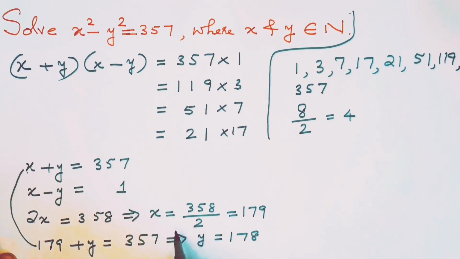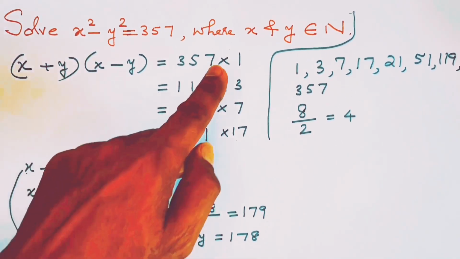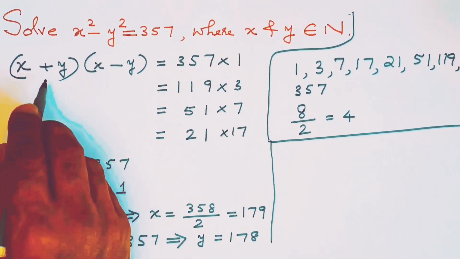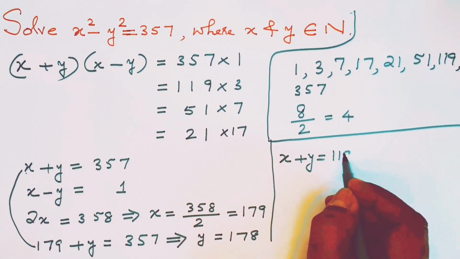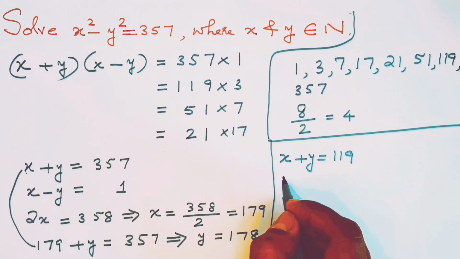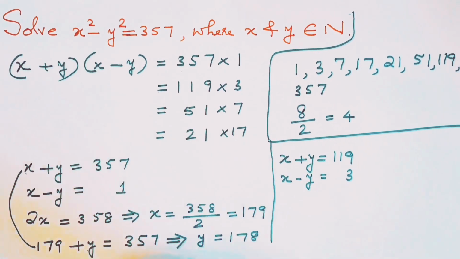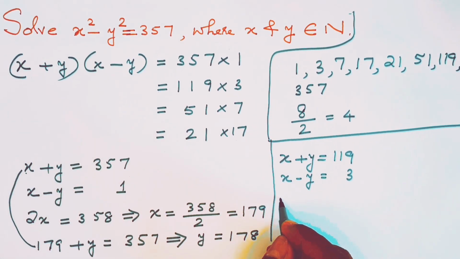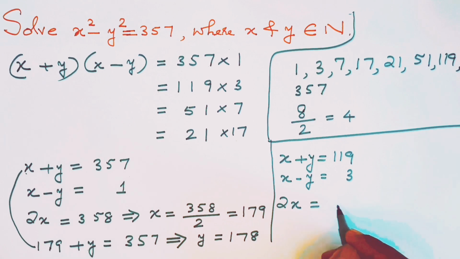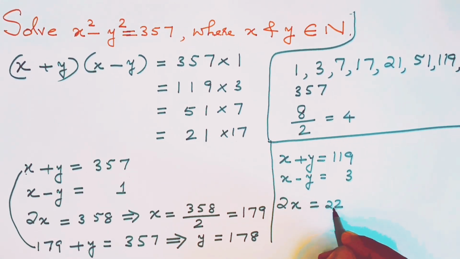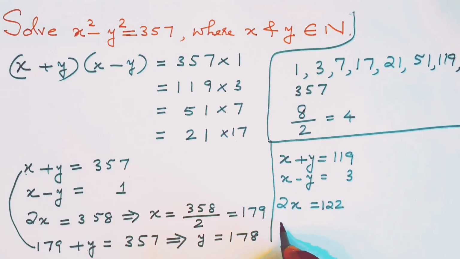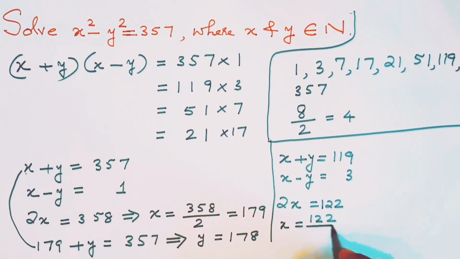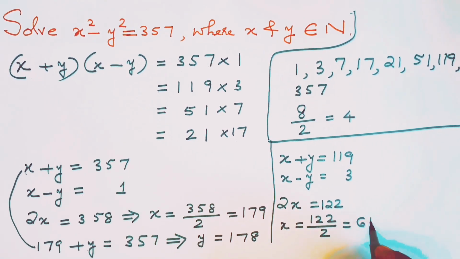So we have found out the y value also using the first splitting. Now let me use the second splitting. Equate x plus y to 119 and x minus y to 3. Again, like we did before, add the two equations. You have 2x equal to 122. So x is equal to 122 divided by 2, which is 61.